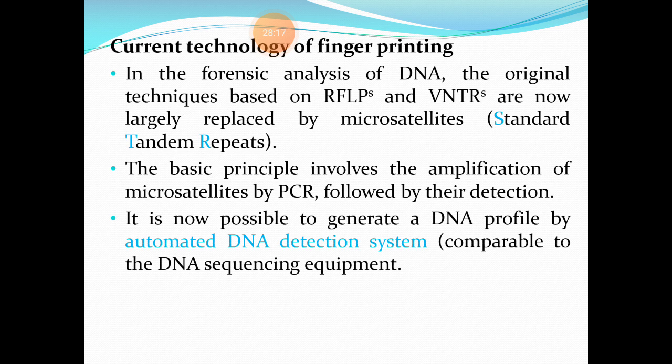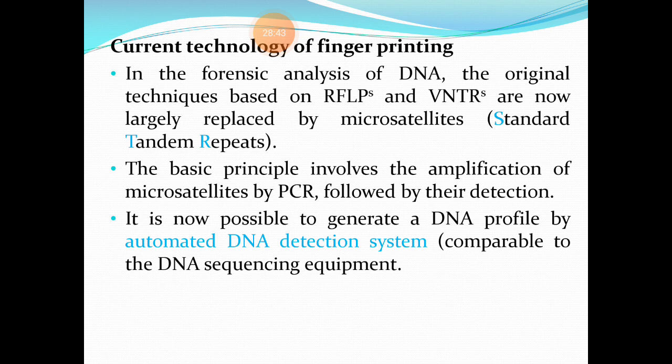Now it is possible to generate a DNA profile by an automated DNA detection system. Now everything is shortcut. Within a short duration, you can simply generate a DNA profile of an individual by an automated DNA detection system.